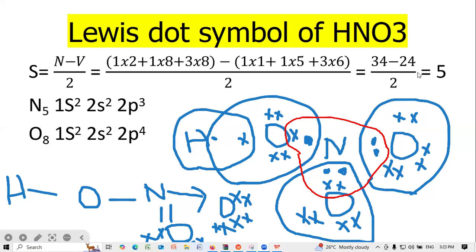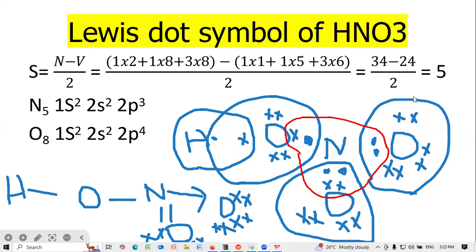That's why the total number of covalent bonds is 5. We can complete the octets of the 3 oxygens and 1 nitrogen and the duplet of the hydrogen.